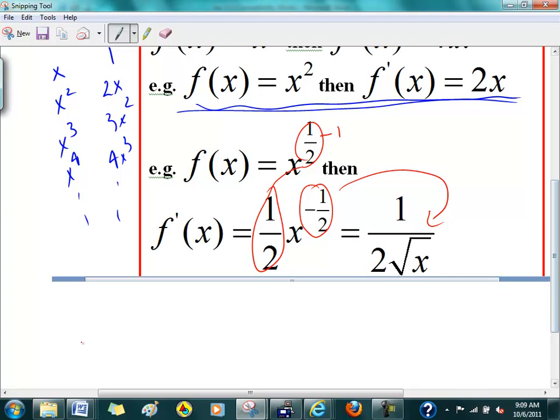Okay, it's at home. The rule you're using is this one here. In other words, if you have a negative exponent, it goes downstairs. You are also using this other rule that I gave you.